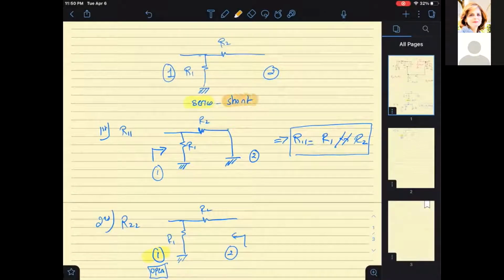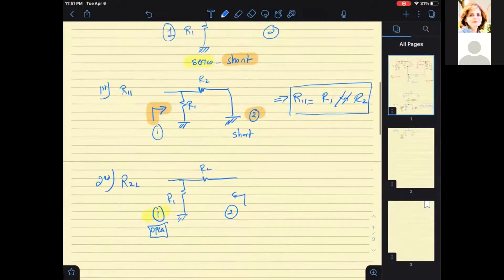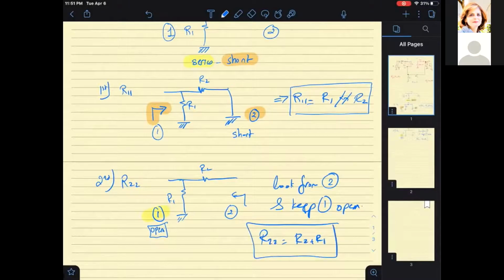If I have a shunt here, when I'm looking from this side, I'm going to really short this side. So for R22, I look from port 2 and keep 1 open, so I will see R22 is really equal to R2 plus R1.